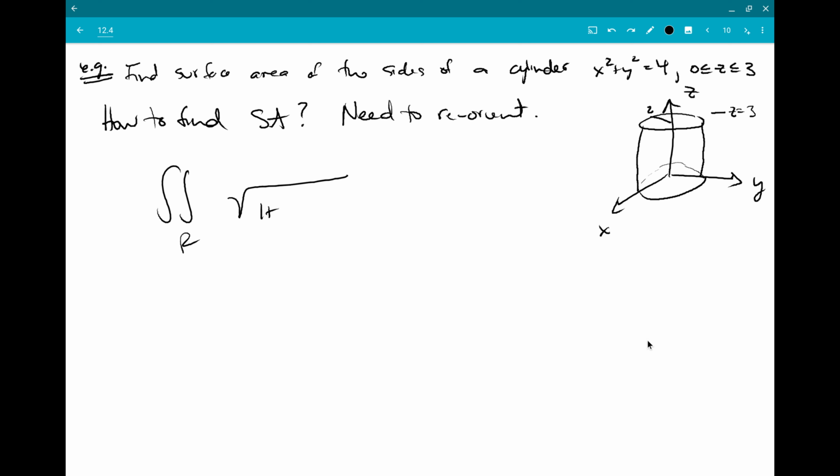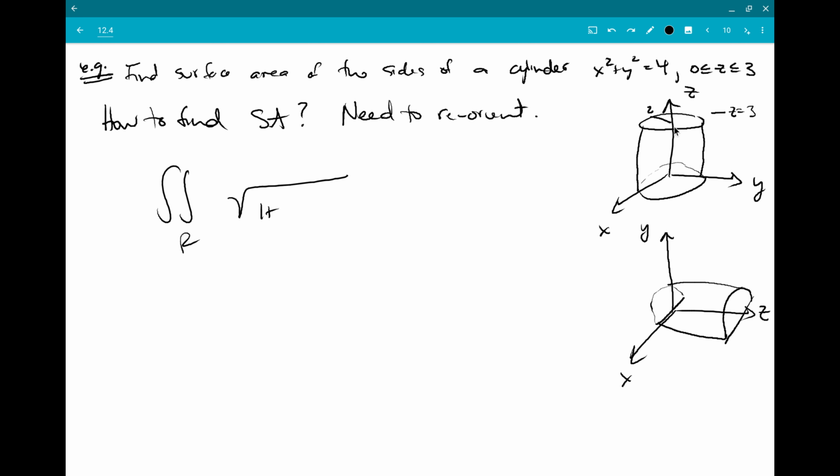So thinking about this instead, where here's our x and here's our z, and up this way is y. Let's just think about the half of the cylinder that sits in the positive half of this coordinate system. So I've got kind of this shape where I cut my cylinder in half.